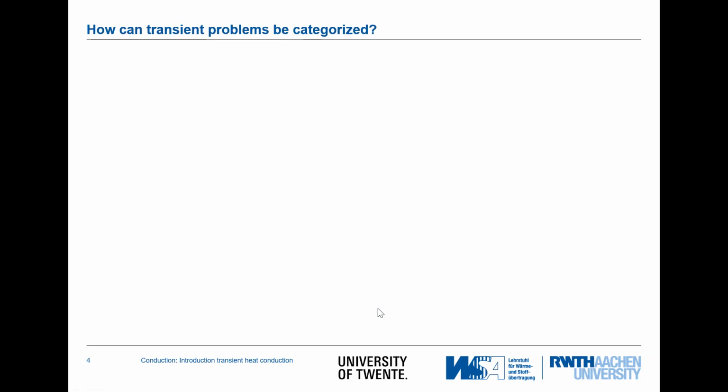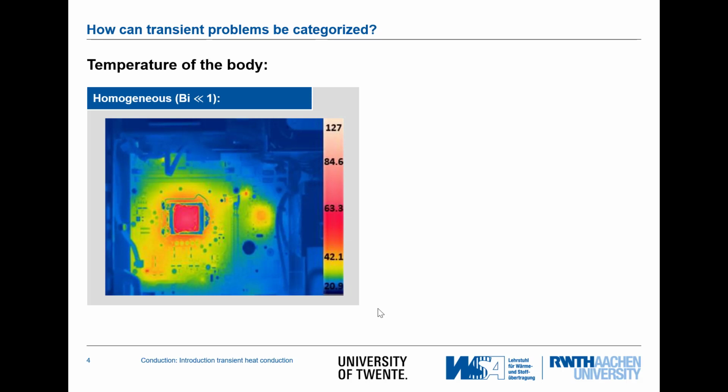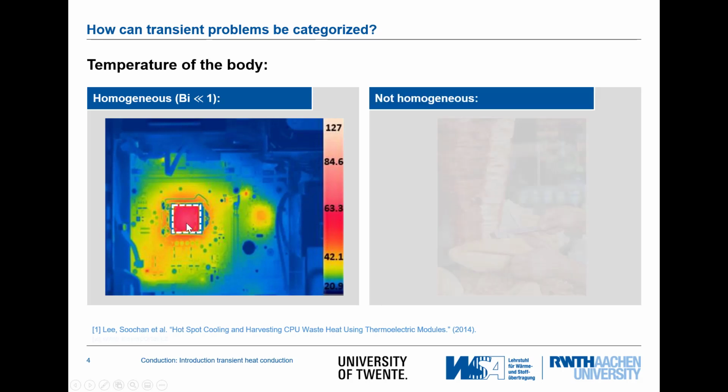How can we now categorize transient heat transfer problems? So first of all, we can look at the temperature of the body itself. On the one side, the temperature, like for instance of this chip here in the center, can be more or less homogeneous. As you see, the temperature here in the infrared image, the color is uniform, so the temperature of the chip here is uniform.